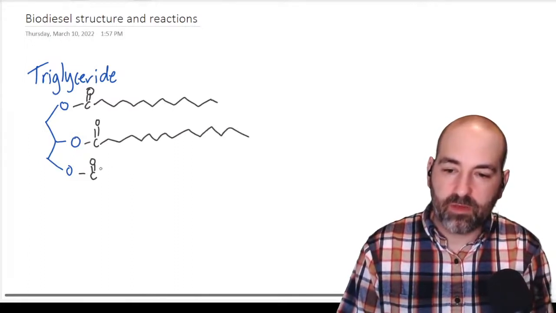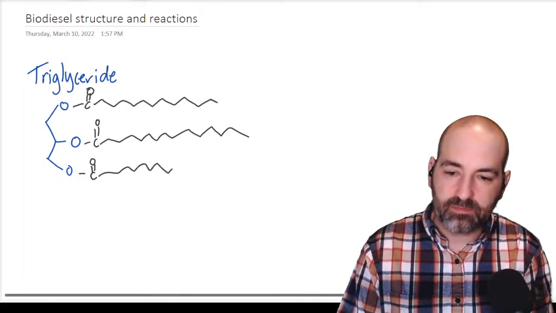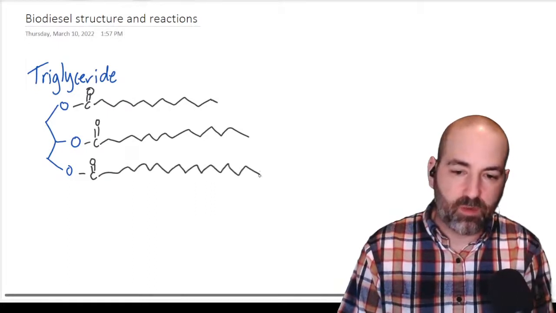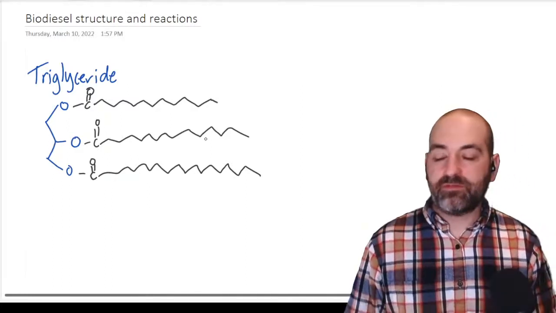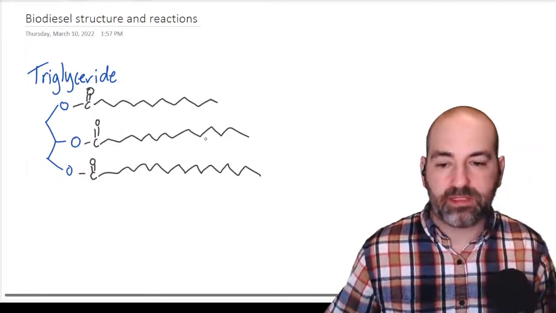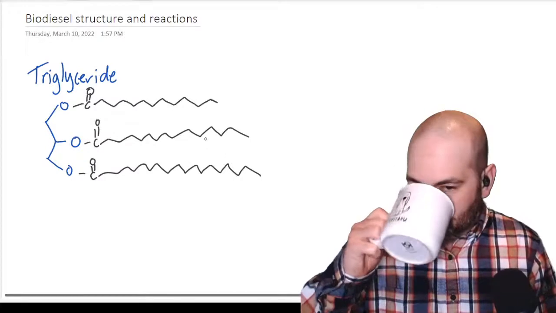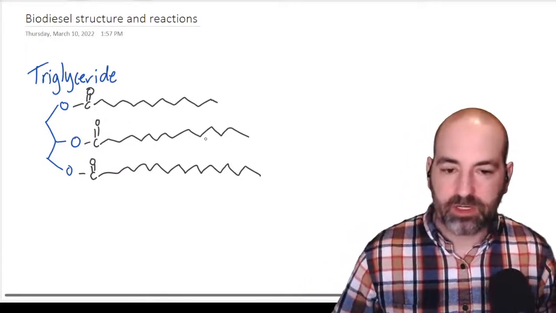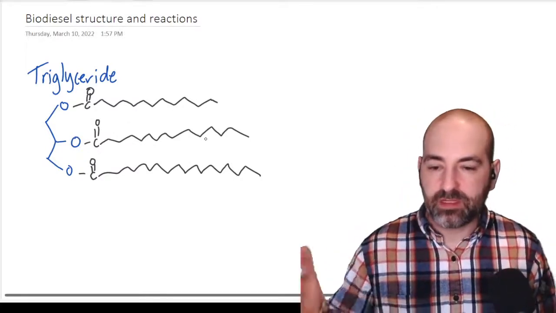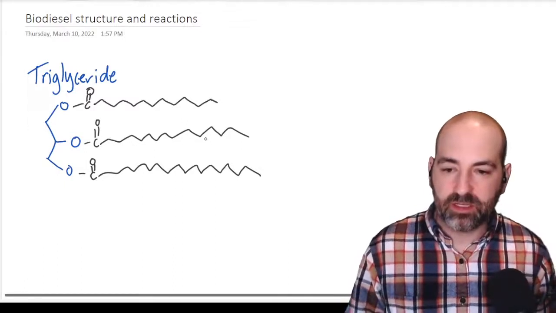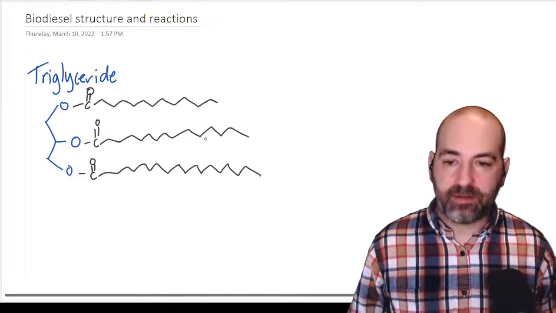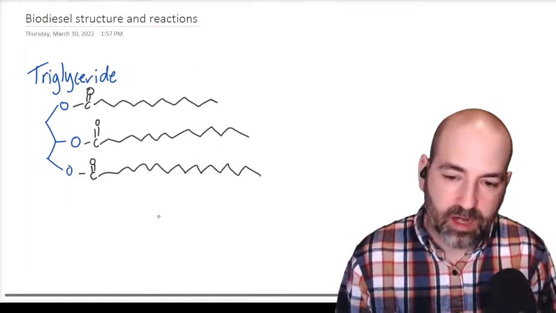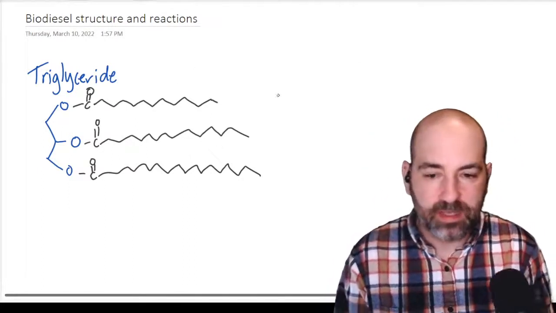In the oil that we started with, this isn't an exact description of what that would be. There could be different numbers of carbons. They could have double bonds. In fact, they would. We'll talk about that in a second. But this is the general structure of a triglyceride. That is 3 fatty acids connecting to glycerol to make this one big molecule. And this is what we're talking about when we talk about a fat in general. So that's our starting oil, let's say.